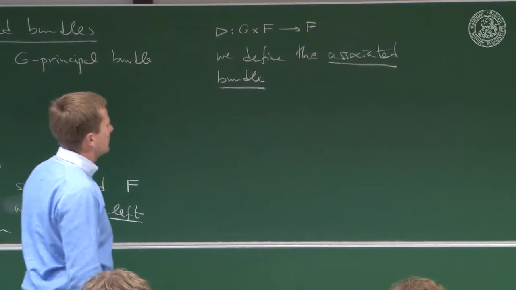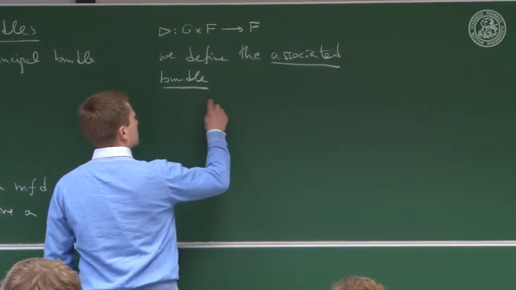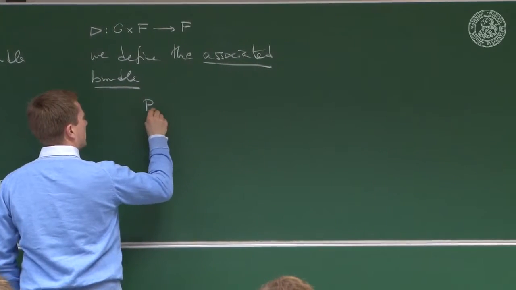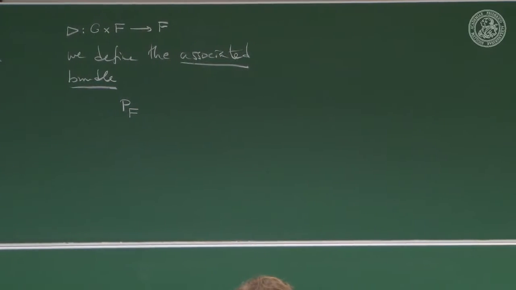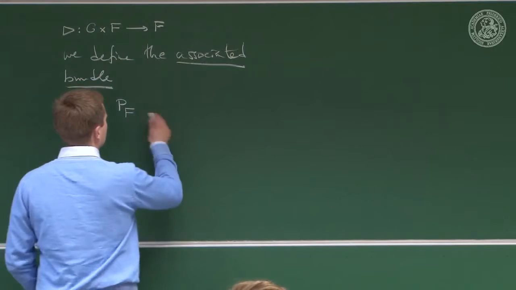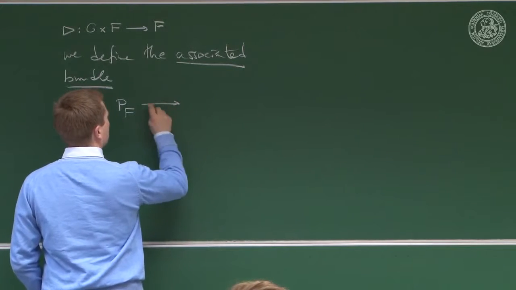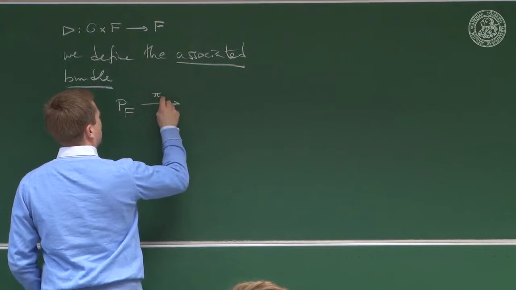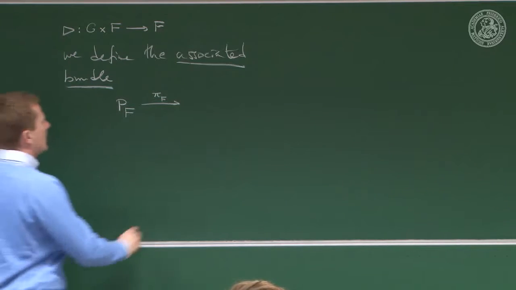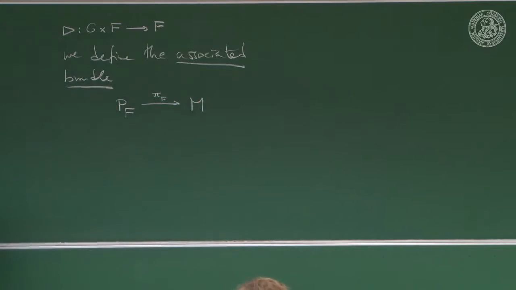This associated bundle has, of course, a bundle space, and that will be called P_F, because it will be constructed from the F and the principal bundle. There will be a bundle map, which we also denote by π_F, just to show it's not the projection map here, and it goes down to the same base space. So the associated bundle will be a bundle over the same base space.